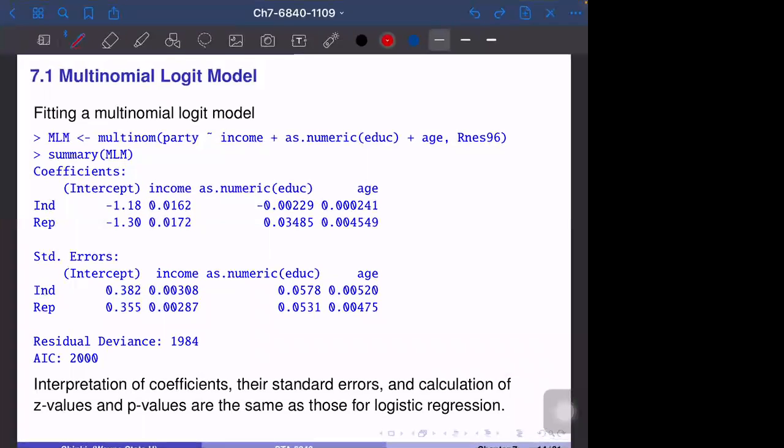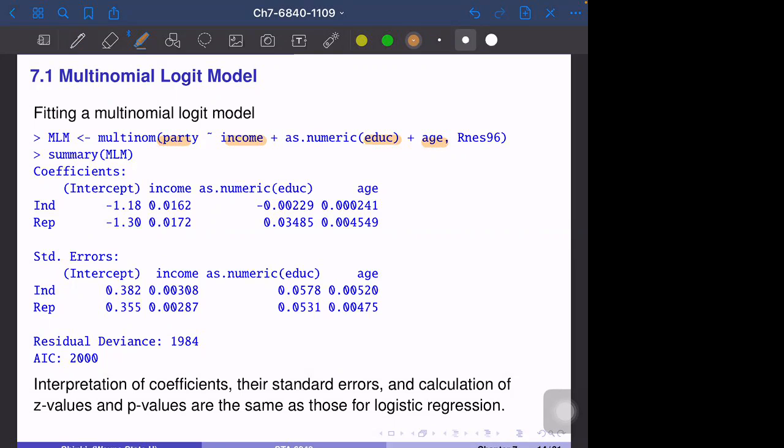Hi, so we continue an example for the multinomial logit model. The model is to fit the party on three variables: income, education, and age. Here education is originally a categorical variable with 7 levels, but that makes 6 coefficients, so the model becomes too large.